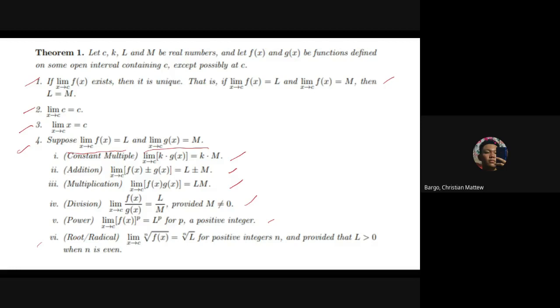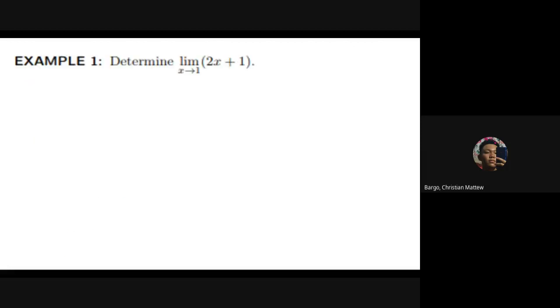Because when L is less than 0, then the root would be an imaginary number. Okay. So let's start with this and let us use the theorems that we mentioned earlier.